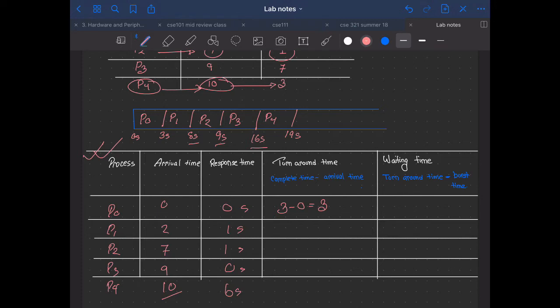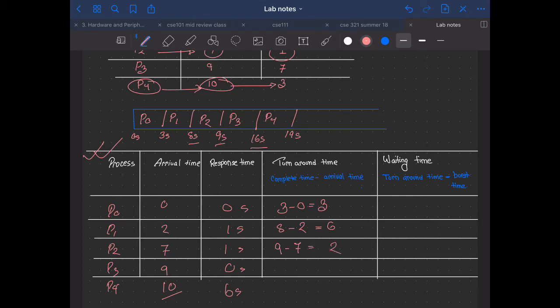For P1, the completion time is 8. It came in at 2, so the turnaround time is 6. For P2, the arrival time is 7 and the completion time is 9, so this is 2.